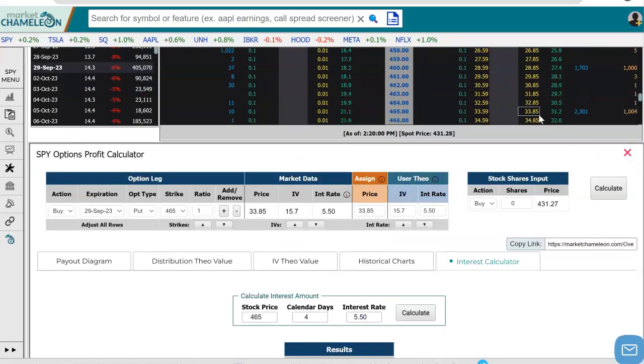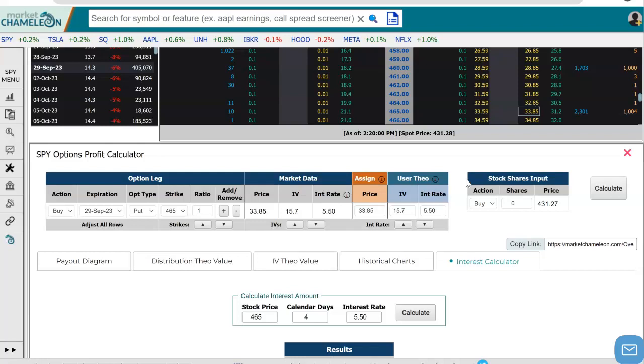Now, one thing we do give up when we exercise this put is that we are no longer limited to the risk of the strike. So if the stock does soar, let's say it goes up a lot past 465, and you're short the stock, well, now you have unlimited exposure to the upside.